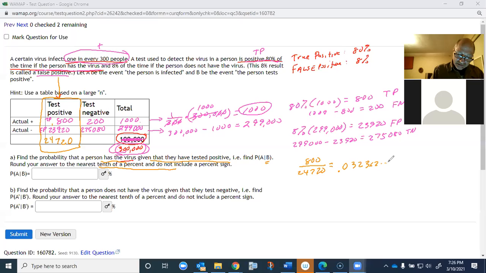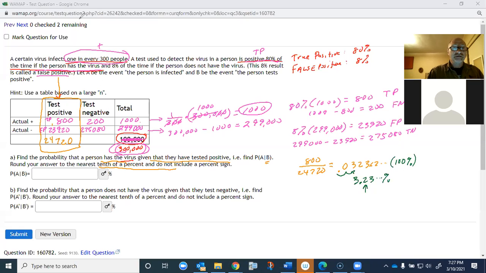So I've got to take that and multiply it by 100%. That moves the decimal two places to the right. So that's 3.23 whatever percent, and they said round to the nearest tenth, so that should be 3.2%.